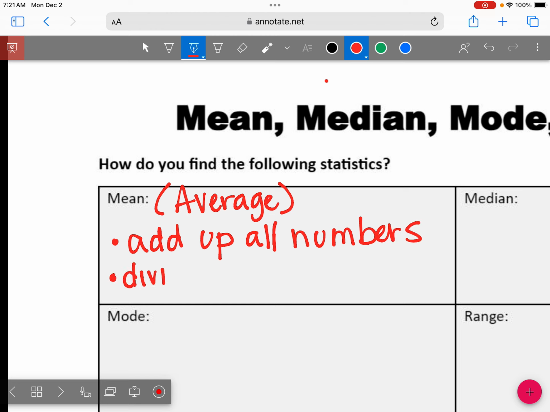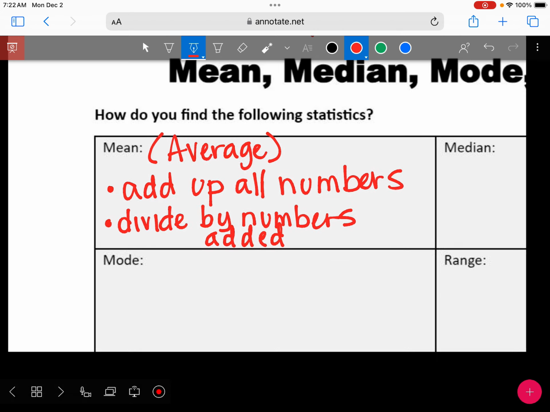And then you're going to divide by, I don't want to say number of numbers because that sounds kind of weird, but that's really what you're doing. Divide by numbers added. That sounds better. Thank you. Okay. That's how you find the mean.